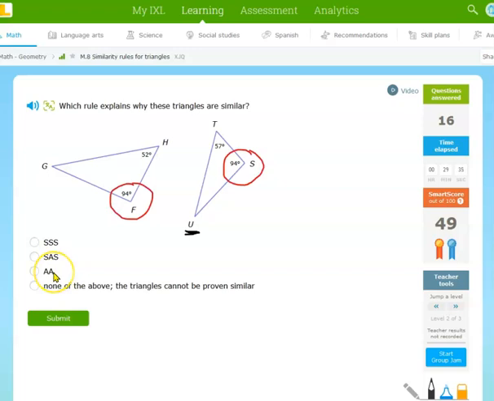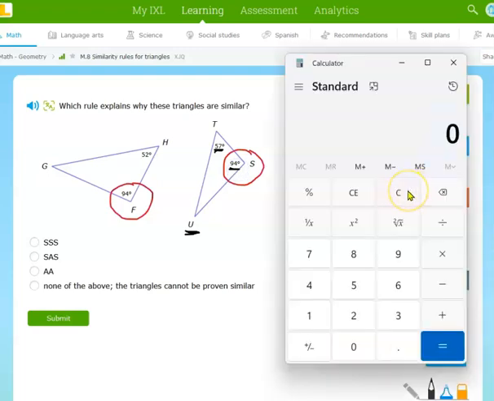SSS, SAS, or AA, or if they're not similar, then we're going to say none of the above. So let's figure out what U is. So we're going to do 180 minus 57 minus 94. 180 minus 57 minus 94 gives me 29.